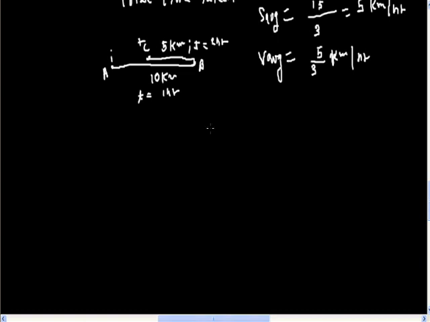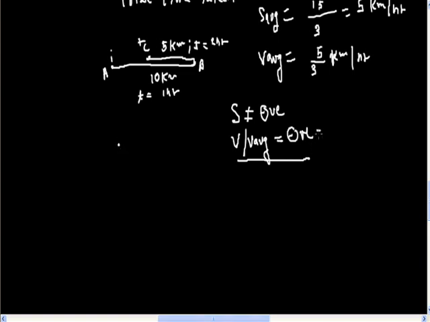Second thing, speed cannot be a negative quantity. Speed cannot be negative, but velocity or average velocity can be a negative quantity, positive, and it can be 0. How is it possible? We can take an example.